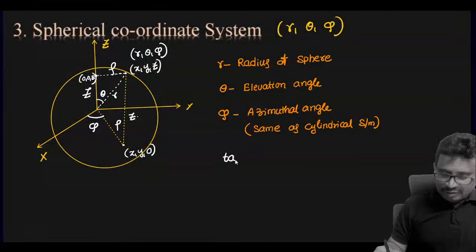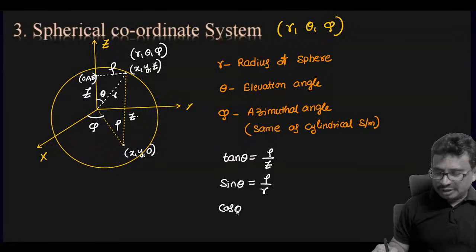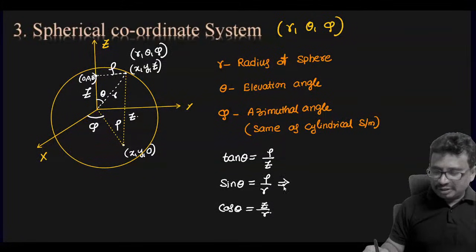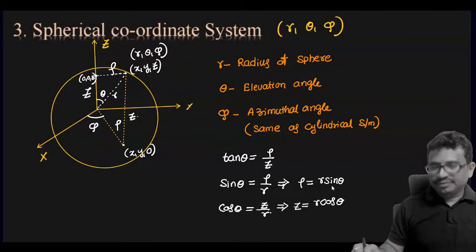From the triangle, tan theta equals rho by z, sin theta equals rho by r, and cos theta equals z by r. From this we get rho equals r sin theta, and z equals r cos theta.